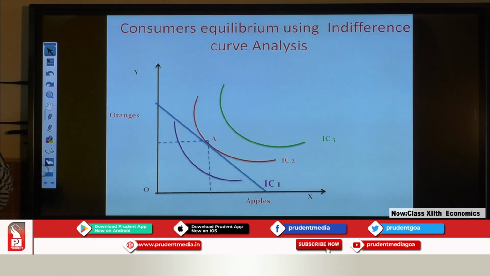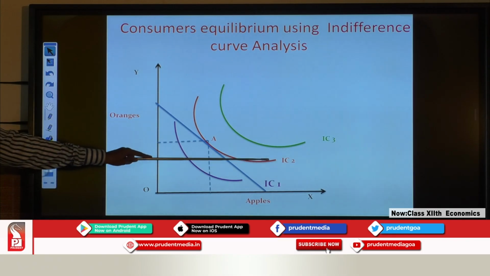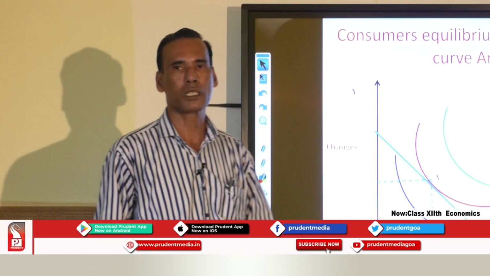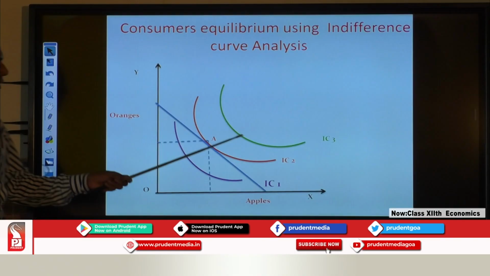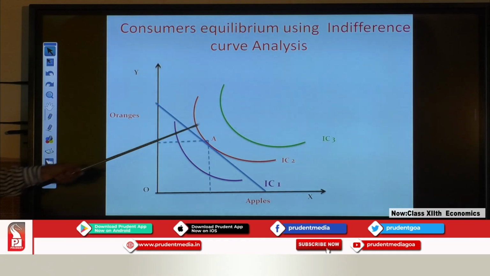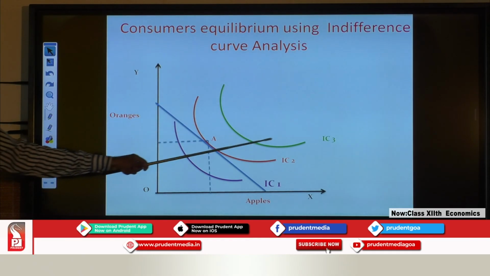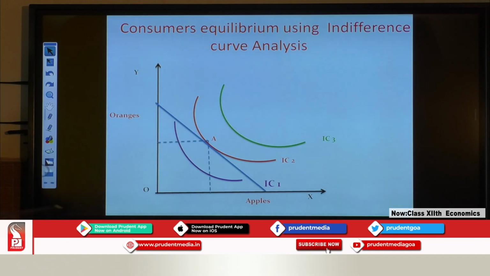Because the budget line is here and it is tangent with indifference curve 2. Here the consumer is not in a position to buy these combinations. No doubt it gives high satisfaction to the consumer. These combinations are not possible or non-attainable to the consumer.